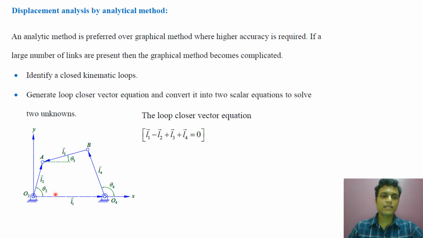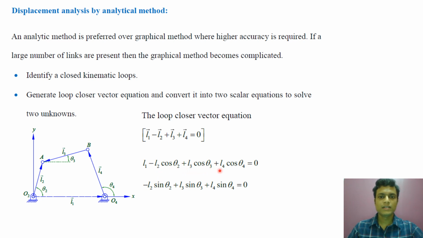Now if we take components of all vectors along two mutually perpendicular axes, that is the x-axis and y-axis, the resultant of components along the two directions will also be 0, because this is a closed loop vector. So what will the equations be? The equation along the x direction will be L1, because L1 is along x, minus L2 cos theta 2 plus L3 cos theta 3 plus L4 cos theta 4 is equal to 0.